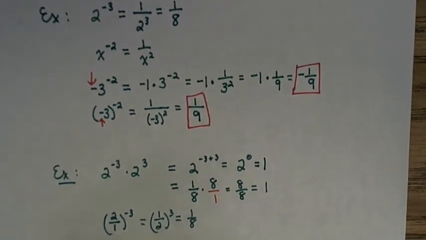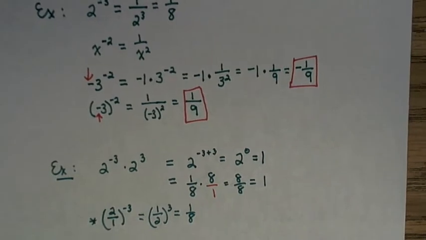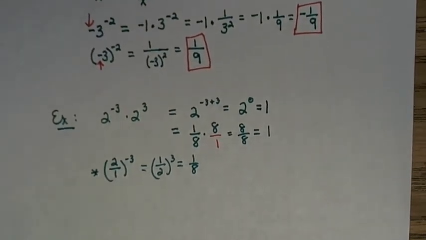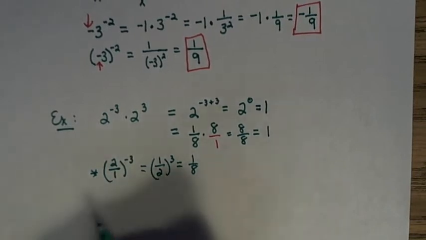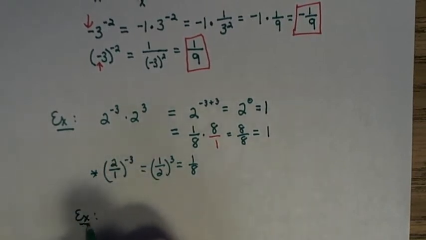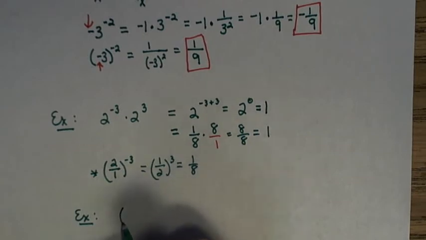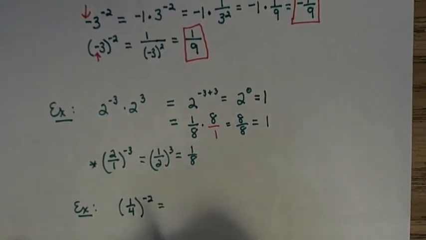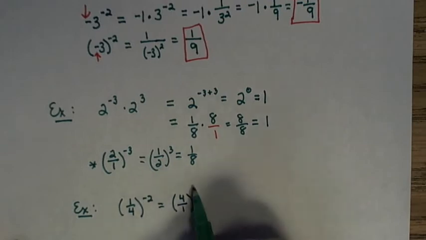Now this way of thinking about your negative exponent comes in very useful when you actually have a fraction raised to the negative exponent. So for example, if I were to give you 1/4 raised to the negative second power, if you think about it as a reciprocal, you would simply rewrite the 1/4 as 4 over 1 and change the negative second exponent to a squared.